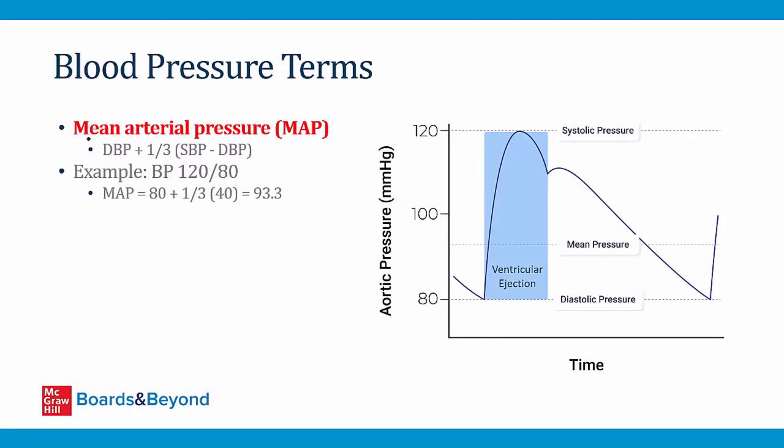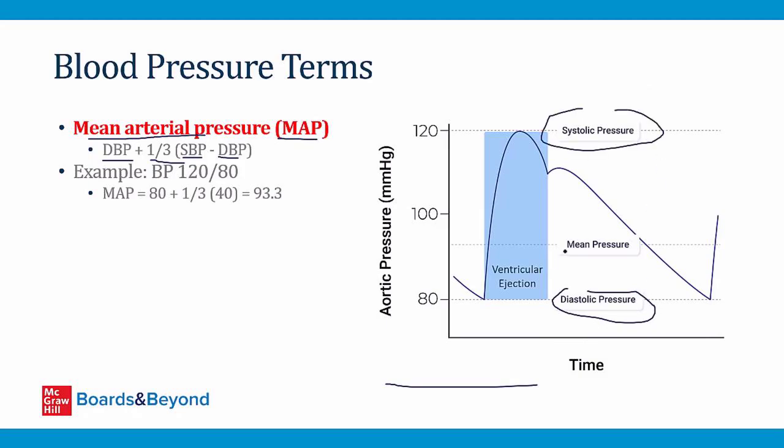Another important blood pressure term is the mean arterial pressure, or the MAP. This is equal to the diastolic blood pressure plus 1/3 of the pulse pressure. In other words, plus 1/3 of the difference between the systolic and the diastolic pressure. If you look over here at this graph, this shows how blood pressure changes over time in the body. And it turns out that we spend more time in diastole than we do in systole.